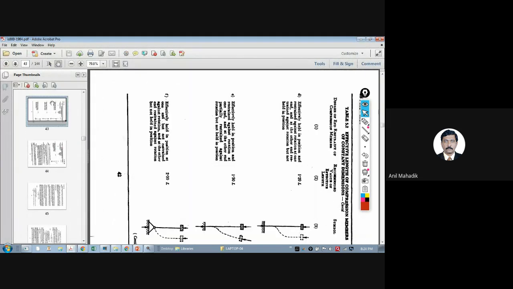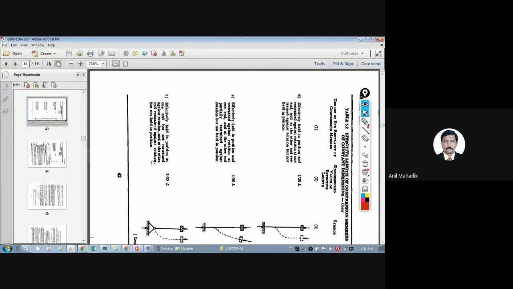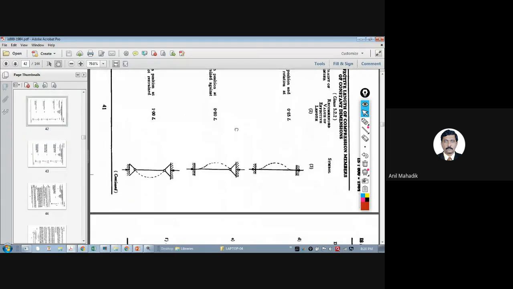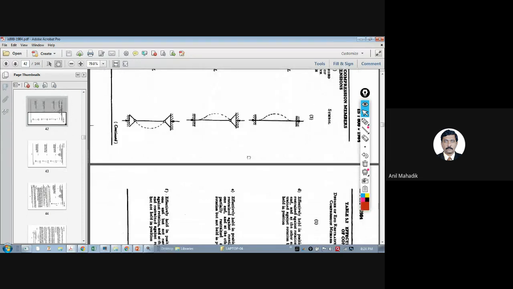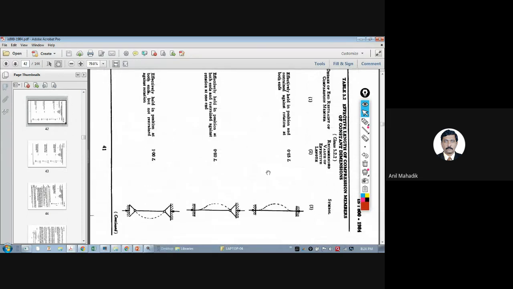It is not given here, but I think in some code it is recommended. Actually, they are giving recommended values also. In IS 456 it is given. But 0.85 we generally take for RCC structures and also for steel structures.